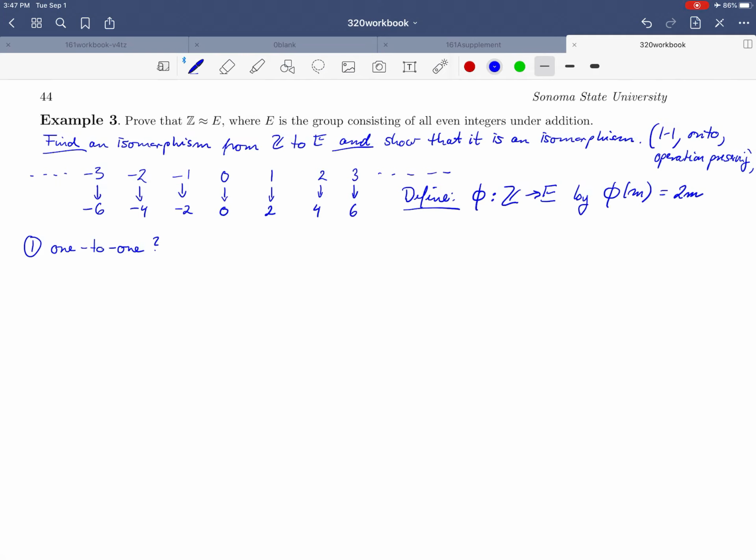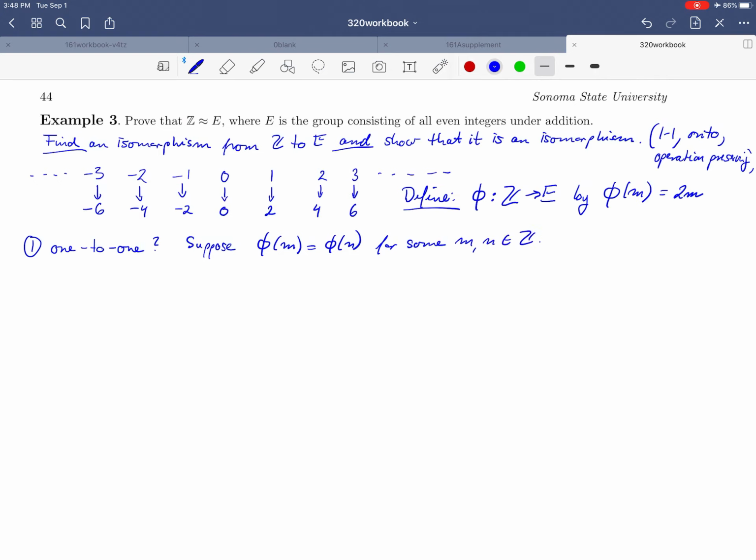You suppose that two outputs are the same, and then you show that if two outputs are the same, they have to come from the same inputs. So let's suppose phi of m is equal to phi of n for some m and n in Z.